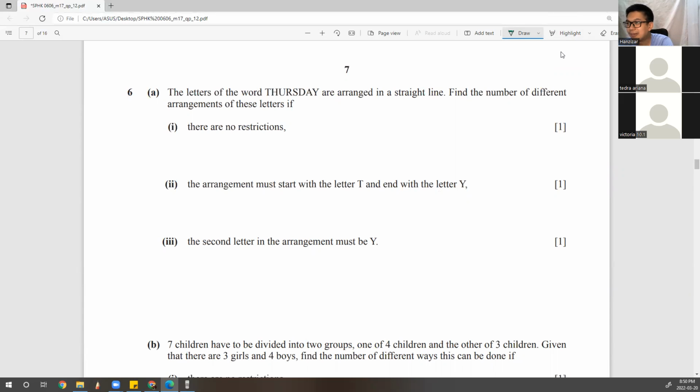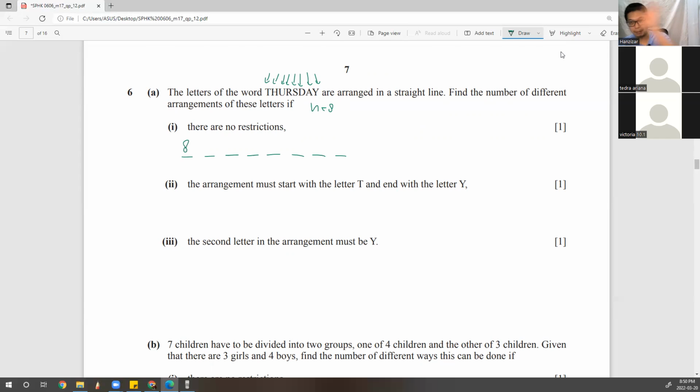Find the number of different arrangements of these letters if there are no restrictions. So how many letters do we have? Just count it first: 1, 2, 3, 4, 5, 6, 7, 8. So n equals 8. If there are no restrictions, the first letter can be any of the 8 possibilities.